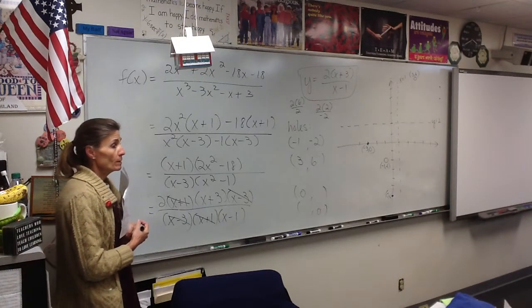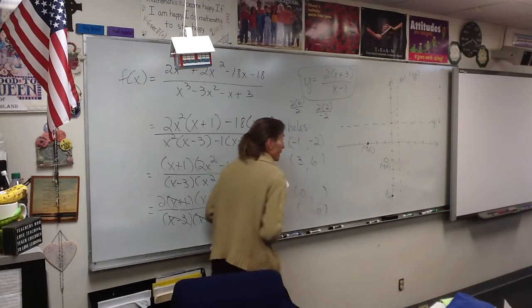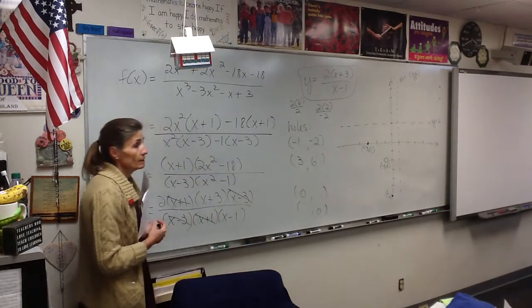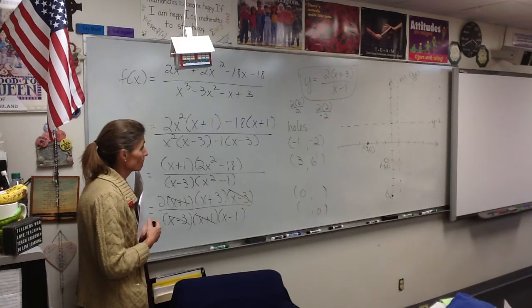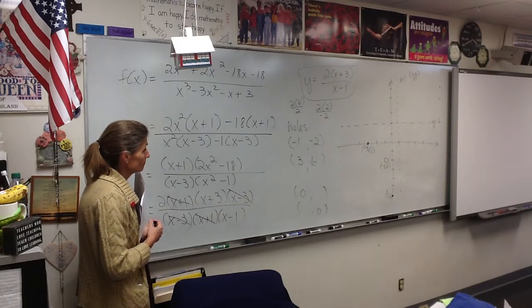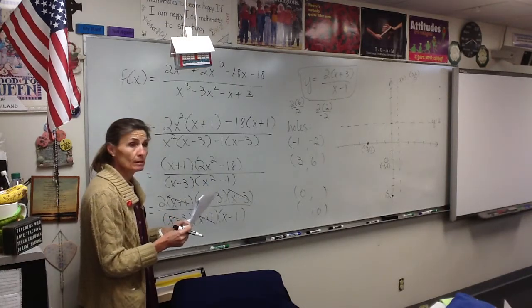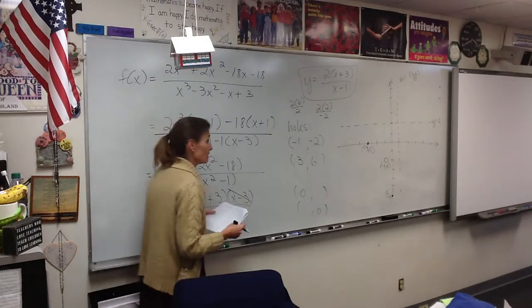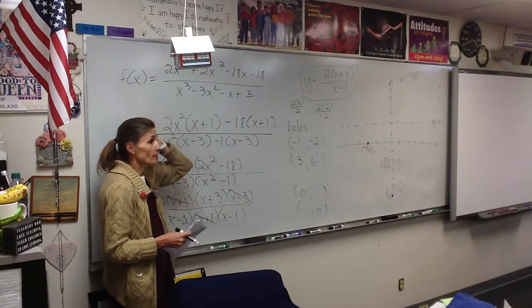And remember, all you have to do is plug in 0 for X and 0 for Y and do the arithmetic. That's on you. You can do that. Now, that's everything, right? So now we're going to get zeros or X intercepts. They're the same thing. Zeros and X intercepts are the same thing.